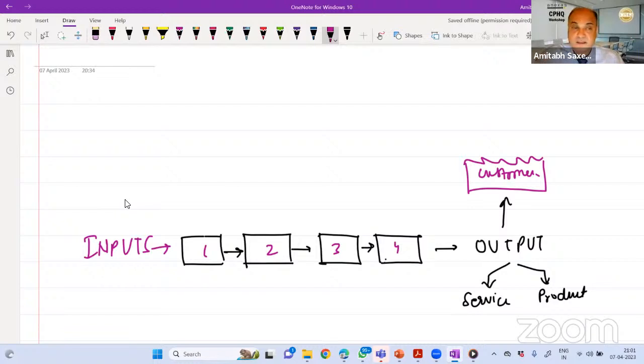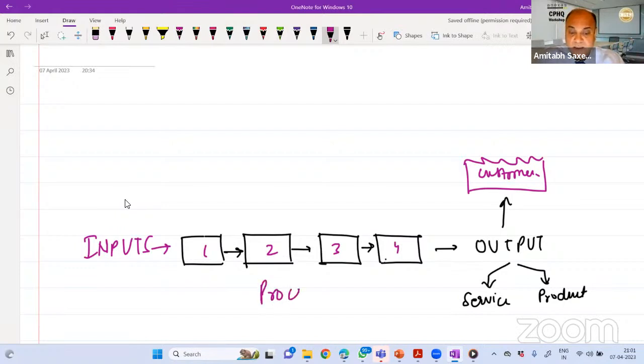If you're a hospital, let's say the patient discharge process in a hospital. If you take an example of that, it also has a series of steps which delivers an output, and the output is discharge of the patient.